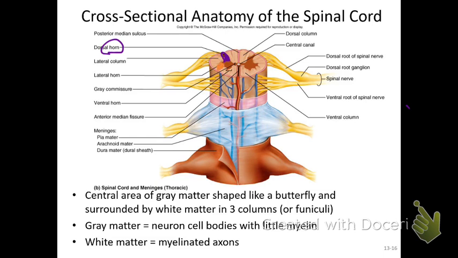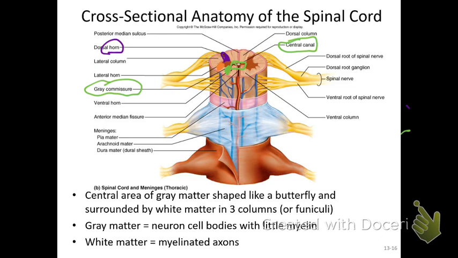And then finally there is a ventral horn. Okay, and you'll see this labeled over and over. You'll become pros at this. The area that connects the two butterfly wings is called the gray commissure. And again, in the very center, there's a canal, the central canal. What you're seeing off to the side in yellow are the nerves.